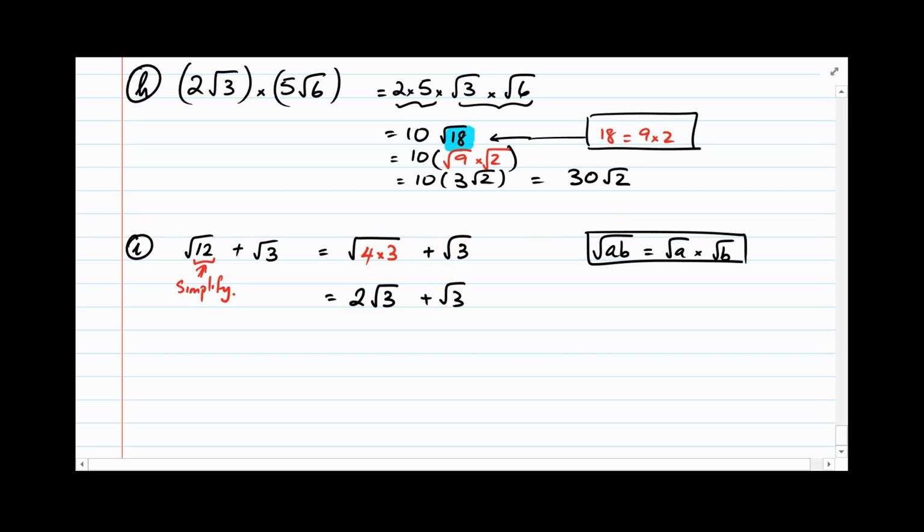Now, you'll get much more comfortable with it as you go on: if I factored root 3, you would really end up getting 3 root 3. Now what we can say is that these are what we call like roots or radicals. They're the same terms underneath the radical sign, or in the radicand. And so we can add the coefficients.